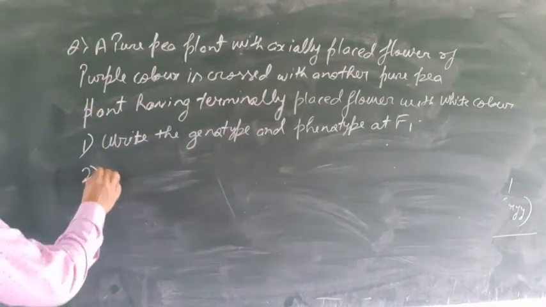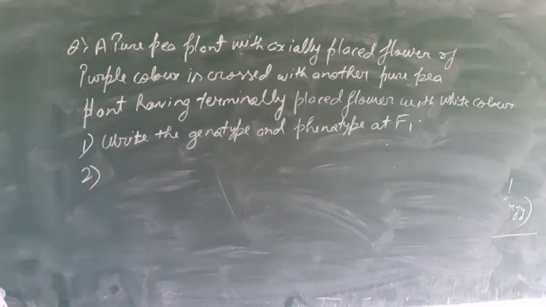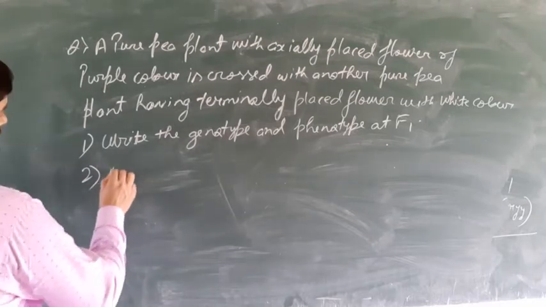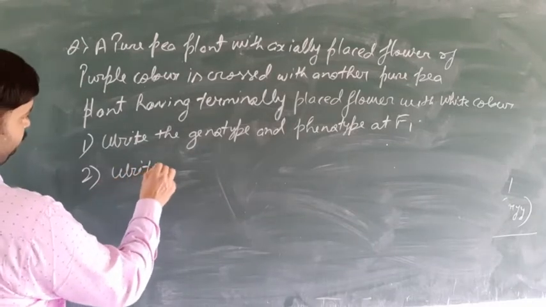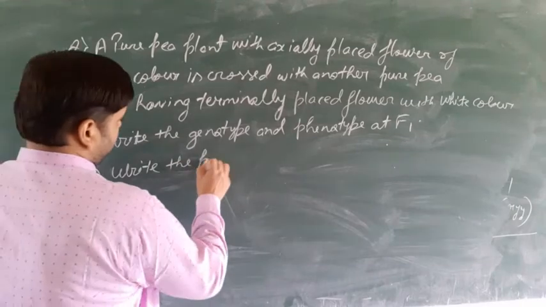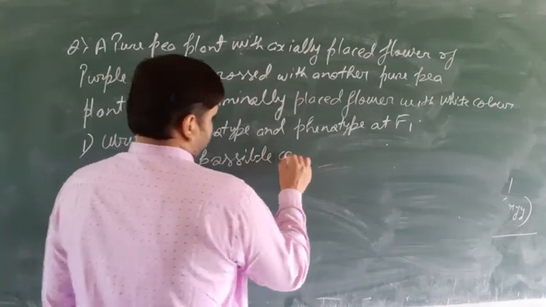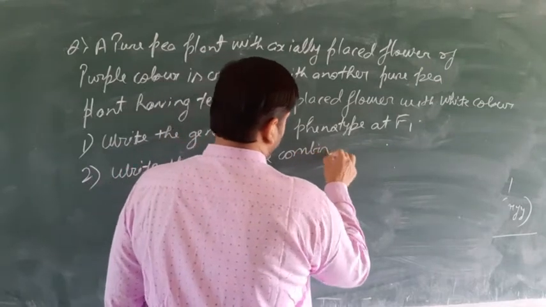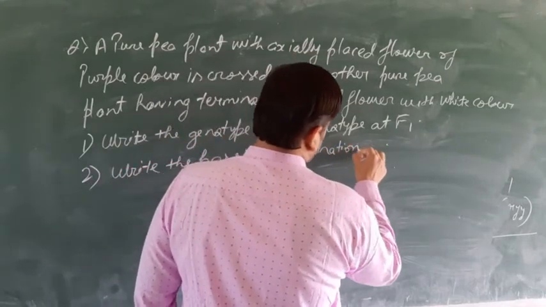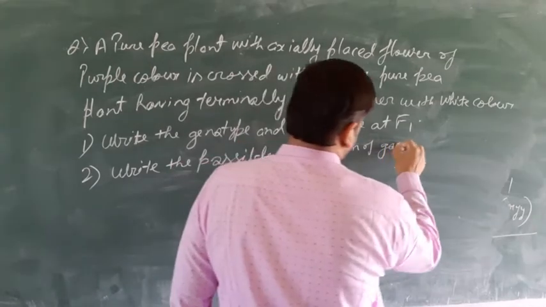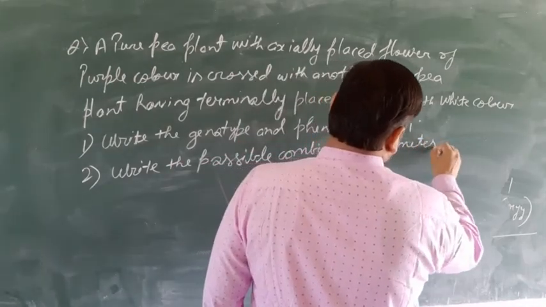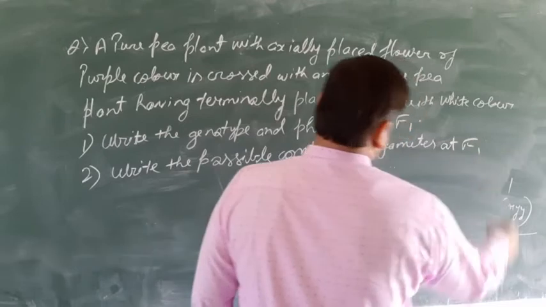Second question is, write the possible combination of gametes at F1.